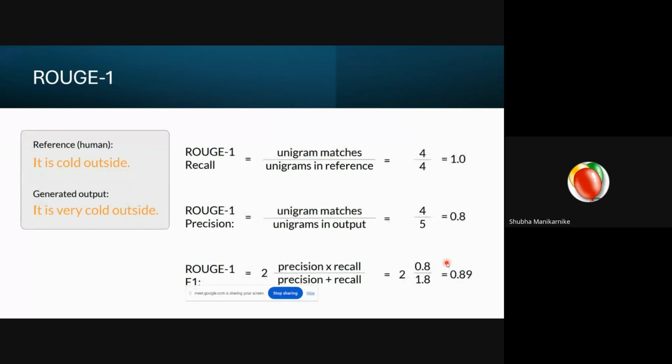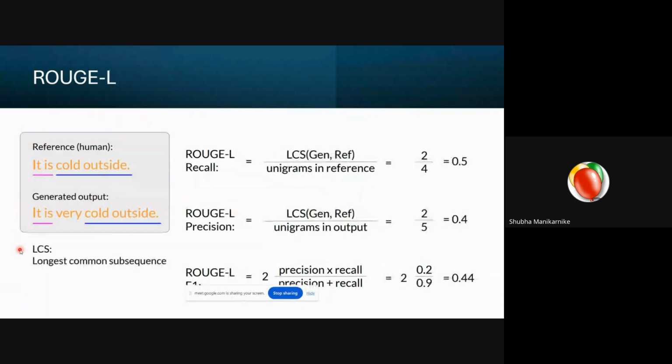And you can go on this way, like you can calculate ROUGE-2 or ROUGE-3 by using bigrams or n-grams instead of unigrams to try to understand how it works. But one more common metric is to calculate the longest common subsequence.